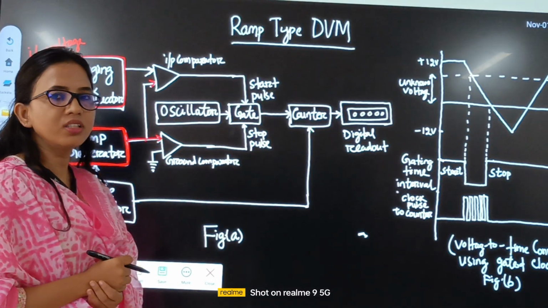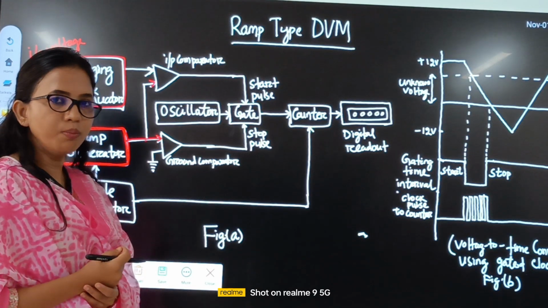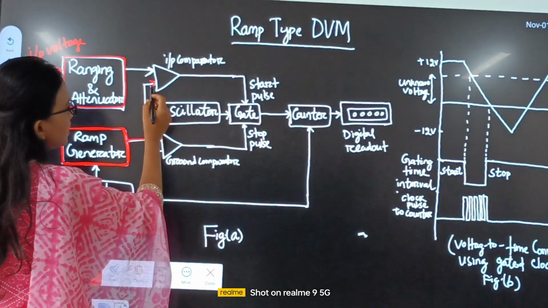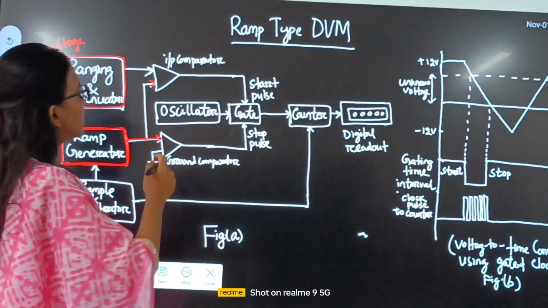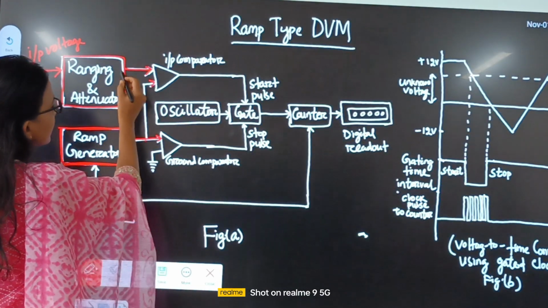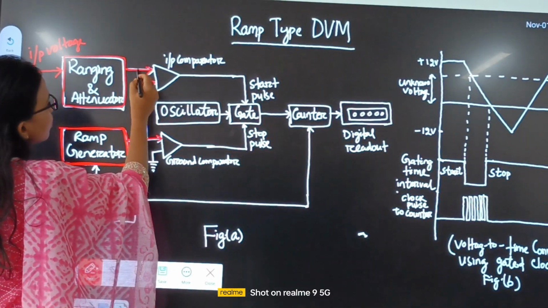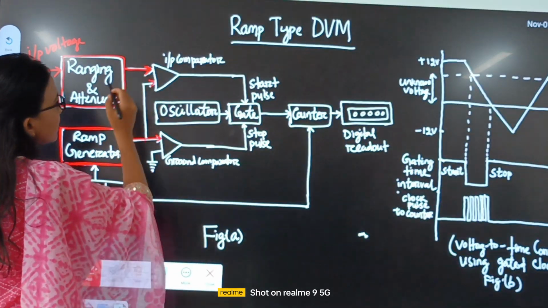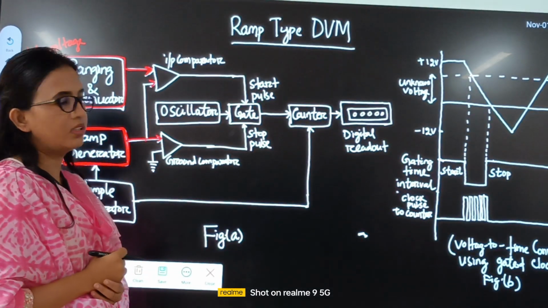So input comparator means what? It compares two voltage levels: one which is coming from the ramp generator and one which is coming from the ranging and attenuator. This is the input voltage which we are going to measure.